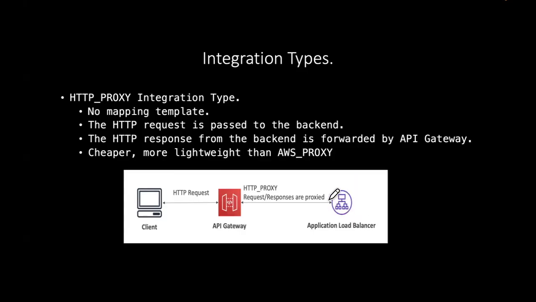An example of a backend in this case would be a load balancer, which, for those of you that have studied some AWS in previous years, expects to receive communications over the HTTP protocol. So again, there's no mapping templates or any transformations required in this case either.